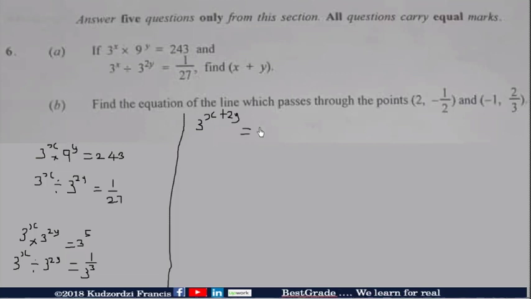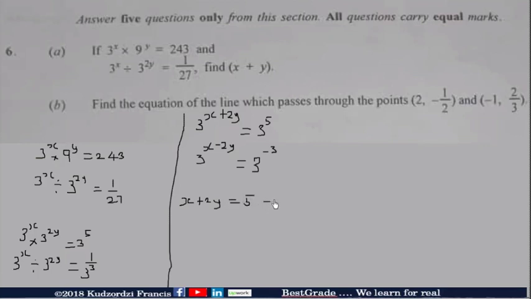Now over here, we have one base which is 3, because the bases are the same. So for the top one, we have x plus 2y is equal to 5.